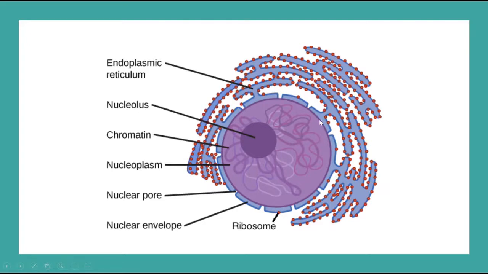The nuclear pores are small channels that span the nuclear envelope and let substances enter and exit the nucleus. So the transportation also takes place. This is the entire detail of the nucleus, how it looks and how it functions.